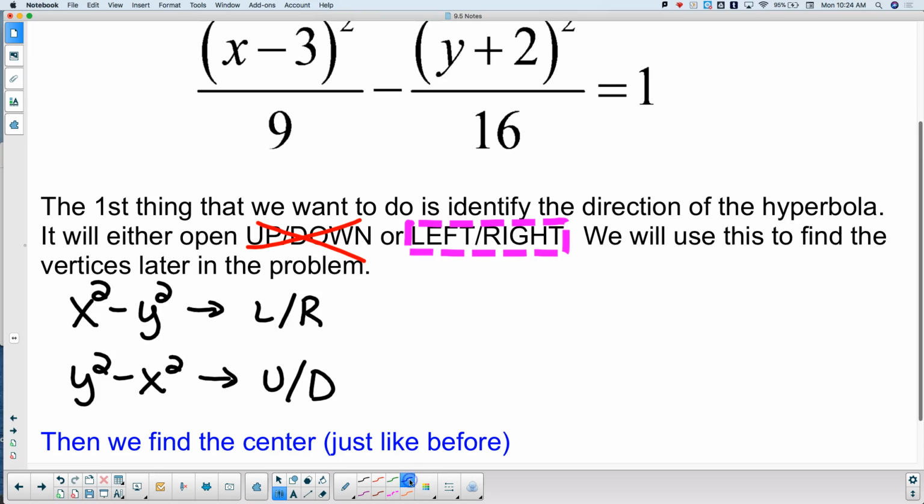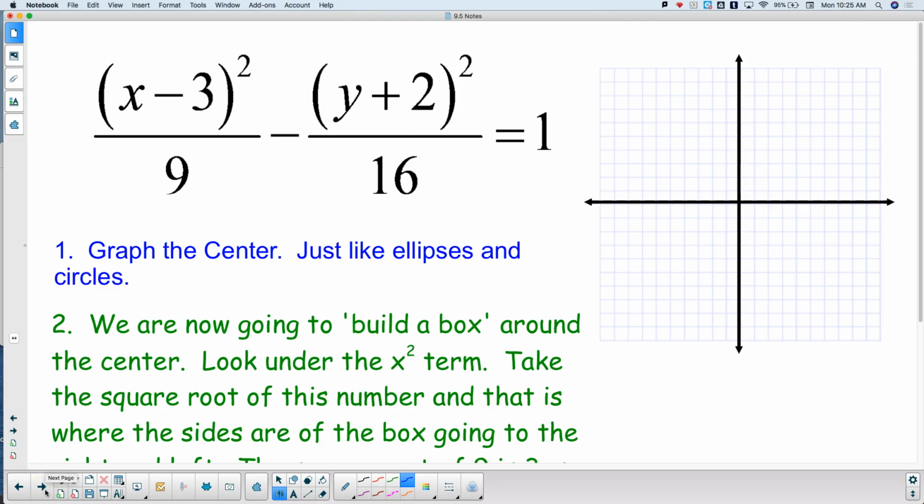So that's just like before, where we think oppositely when it's inside a set of parentheses. H goes with x, k goes with y. So the center of this hyperbola is at the point 3, -2. Love it.